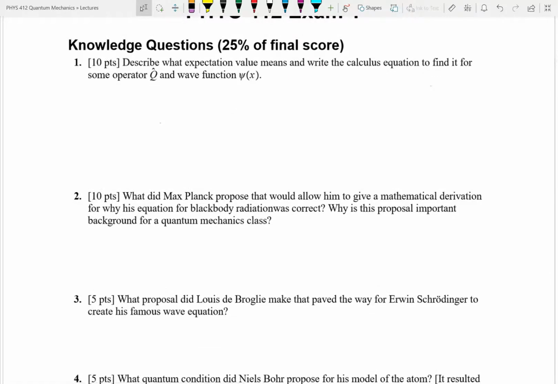So let's just look at these questions. You've had them all. Describe what expectation value means. I think you both did not get that right. So let's see if you have it right now. What's the expectation value?